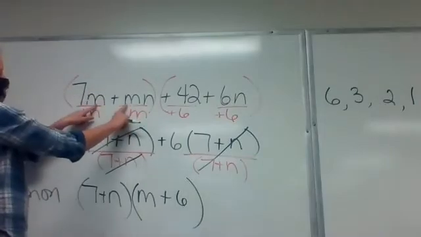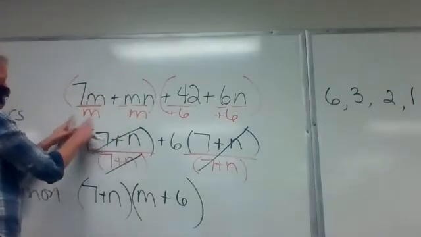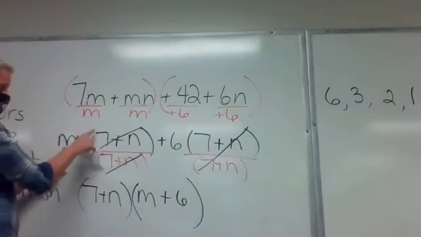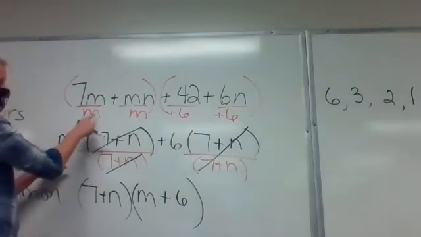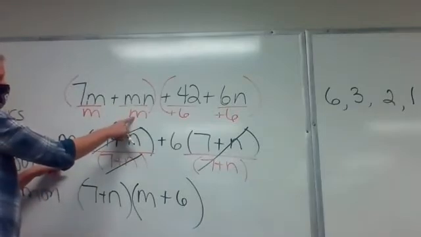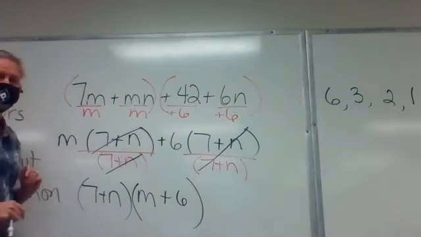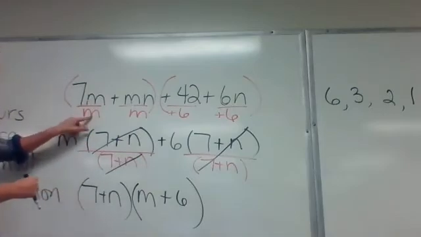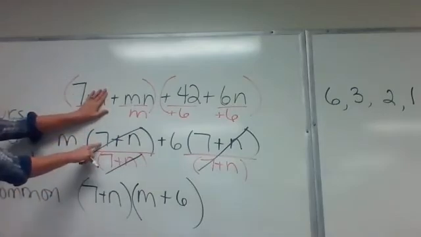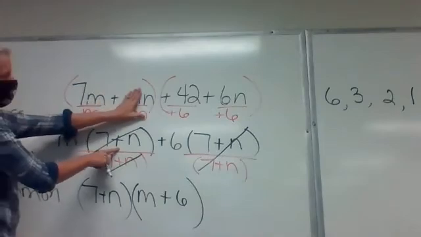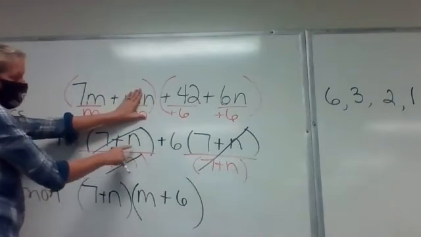In this smaller group, the only thing that's in common is the m, so I pulled it out, open my parentheses, divided by the m, and put in parentheses what was left. So if I divided this by m, I'm left with 7 here, plus if I took out the m there, I'm left with n.